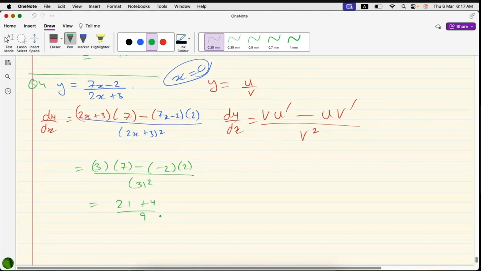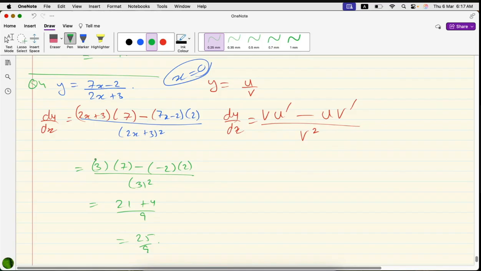Then the 14x cancel. This is 0, 3 sevens are 21, this is 0, minus 2 into minus 2, minus 2 into minus 4 plus 4, 25 by 9. I'm also getting a different answer.